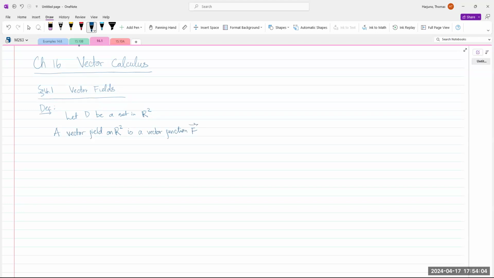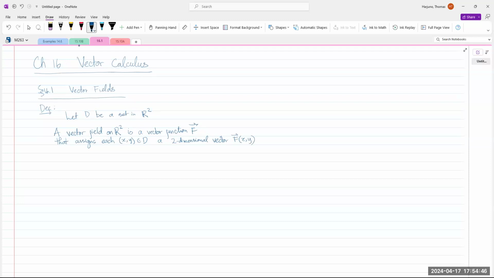F that assigns to each coordinate xy in D a two-dimensional vector F(x,y).